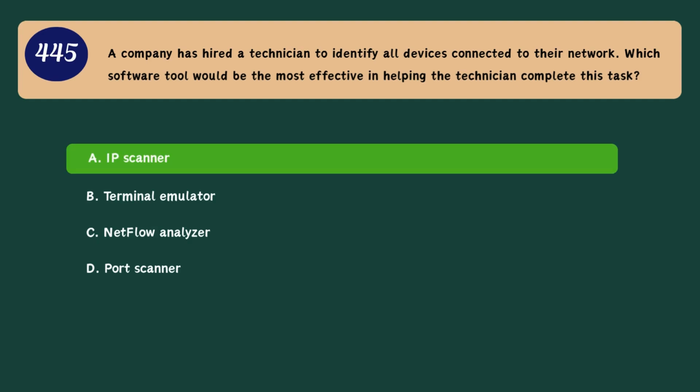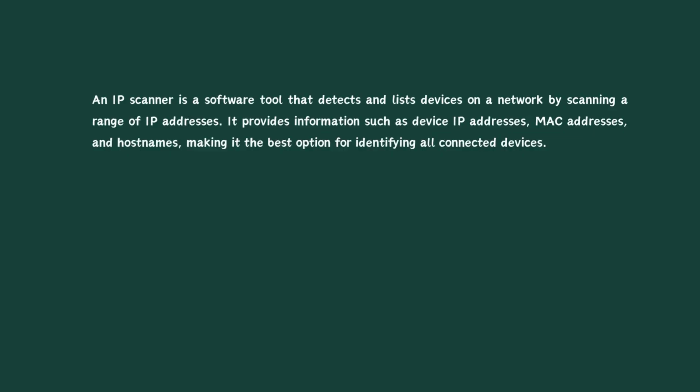Correct answer: A. IP scanner. An IP scanner is a software tool that detects and lists devices on a network by scanning a range of IP addresses. It provides information such as device IP addresses, MAC addresses, and host names, making it the best option for identifying all connected devices.